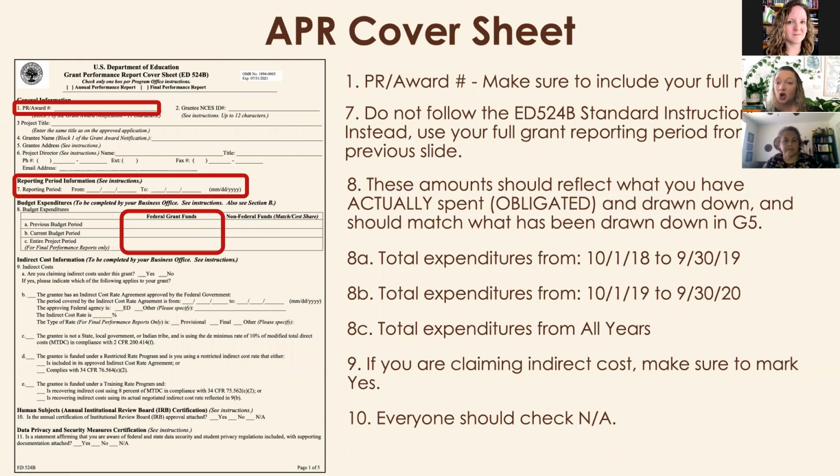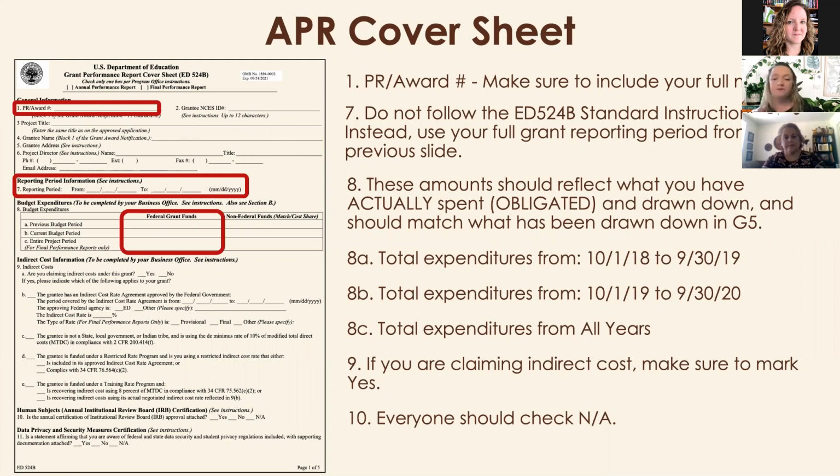You'll see that's current budget period. So that's asking for this last current year. So that's going to be October 1st, 2019 to September 30th, 2020. And then when you get to 8C, where it says entire project period, that's again asking for your full grant. So how much did you expend through the entire lifetime of this grant award?